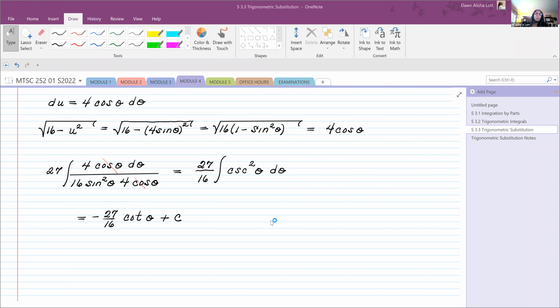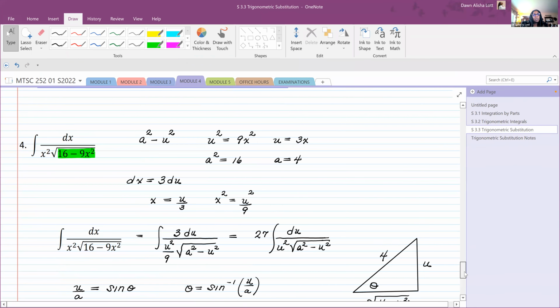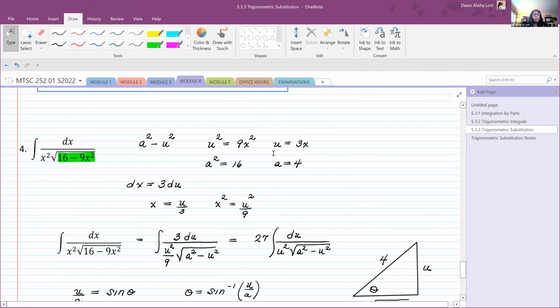I feel like I still made a mistake. I did make a mistake. Right here, that's what happens when you switch variables. This should be du is equal to 3 dx, so therefore dx is 1 over 3 du.